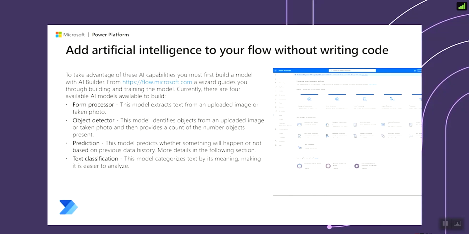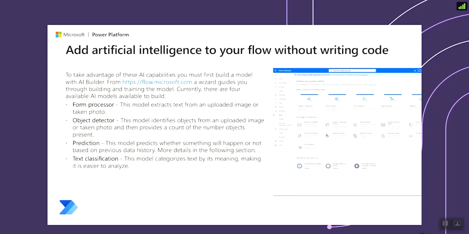Currently, there are 4 AI model categories available to build from. You can do forms processing, so it will extract text from uploaded images or PDFs. There's also object detector, so it will identify objects from an uploaded image or taken photo and then provide a count of the number of objects that are present. There's prediction, and there's text classification.